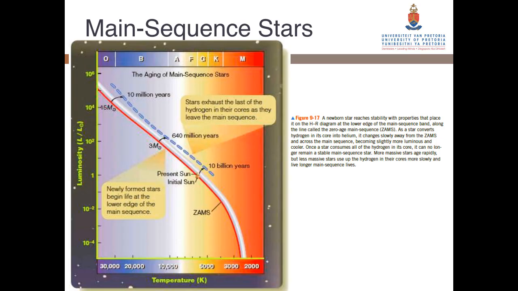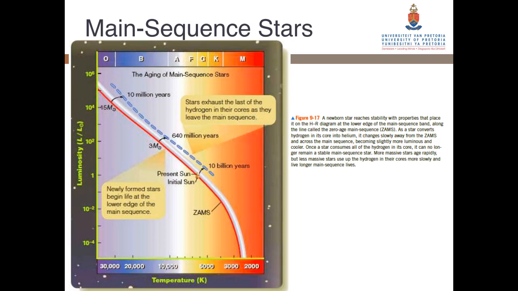In this image, we can see a newborn star reaches stability with properties that place it on an HR diagram at the lower edge of the main sequence band, along the line called the zero-age main sequence. As a star converts hydrogen in its core to helium, it changes slowly from the ZAMS across the main sequence, becoming slightly more luminous and cooler.